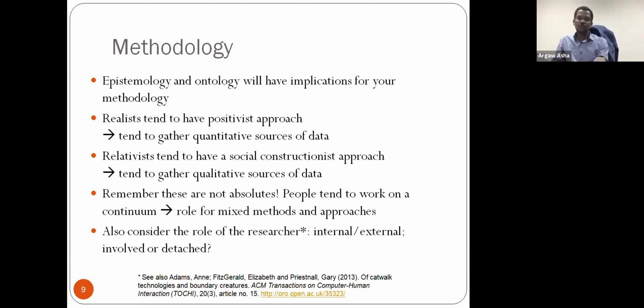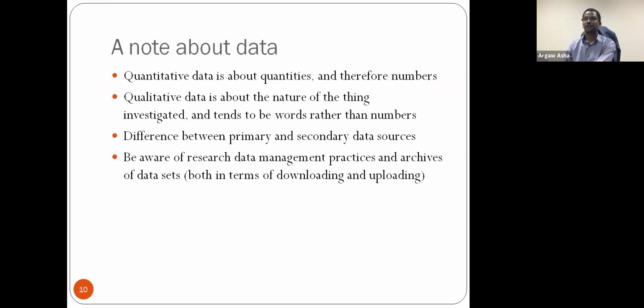So whenever we are talking about reality in the world, how you are looking at reality, and which theories and principles you are using to build those tasks. Whenever you are gathering the data, either qualitative or quantitative, or you are mixing those methods and approaches, either you are using some external or internal approach, you can use those methods for your analysis case.